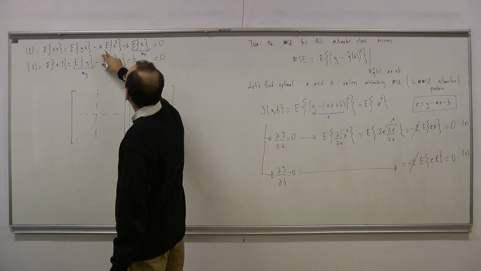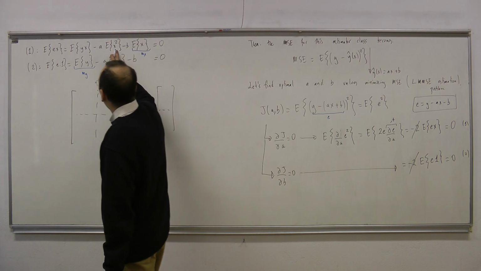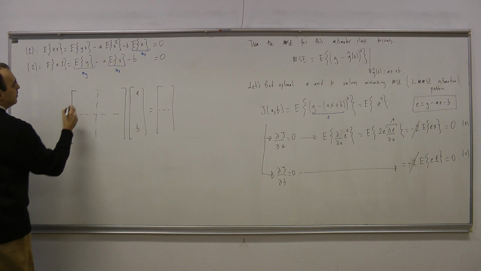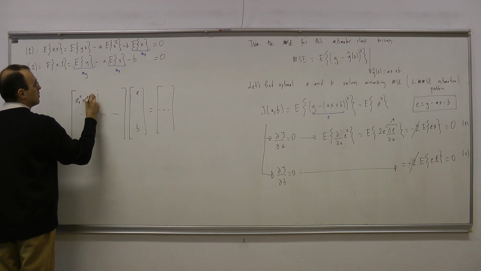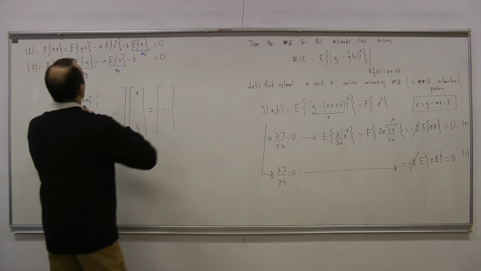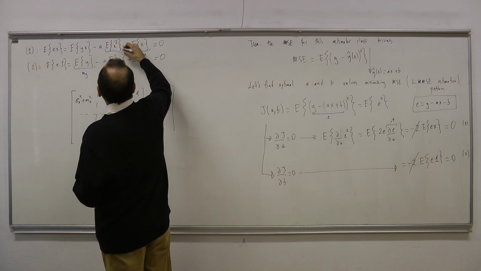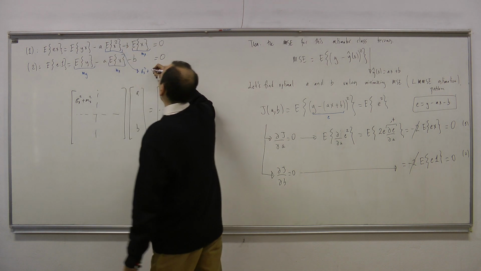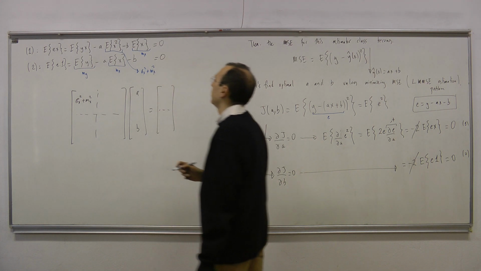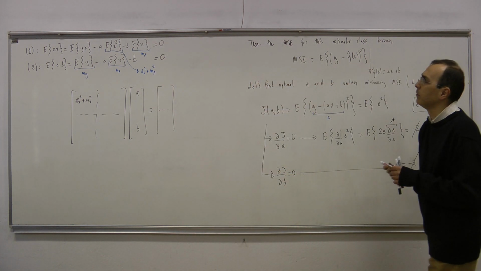First equation. So let's move this to the other side: a times expected value of x squared. Let me also introduce this. Expected value of x squared is equal to variance plus mx squared. Am I right? Okay.